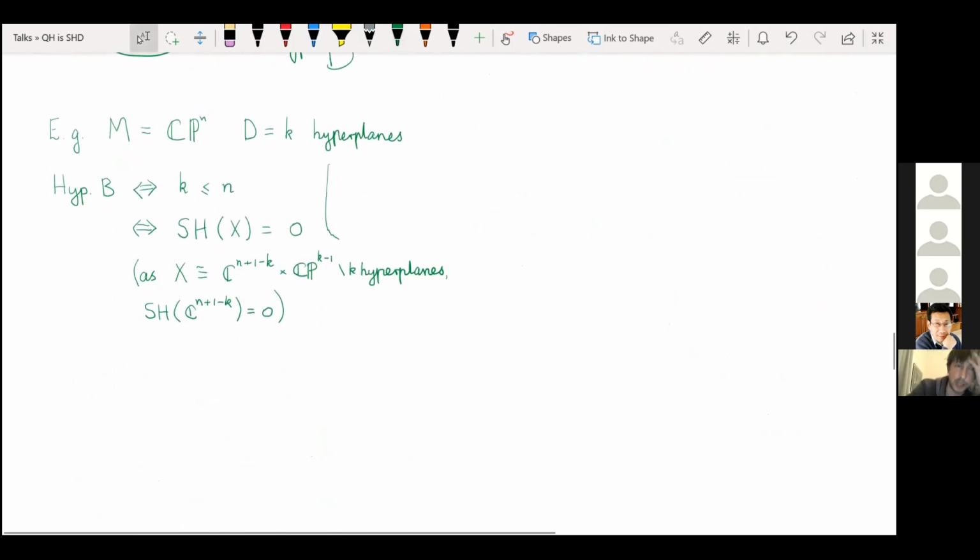And you can also see in this case where M is CP^n and you remove some number K of hyperplanes, hypothesis B means the number of hyperplanes has to be at most n, which is true if and only if this symplectic cohomology, sorry, I should have said, got things the wrong way around.